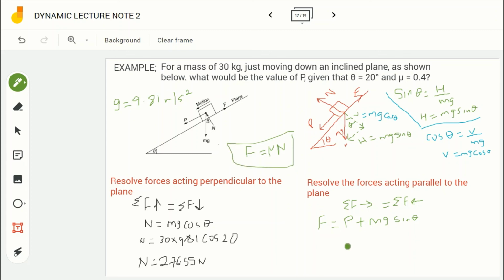Now, to get my P, I can transpose this formula. I will move my plus mg sine theta to the left, and it becomes a minus. So my P is equal to F minus mg sine theta.